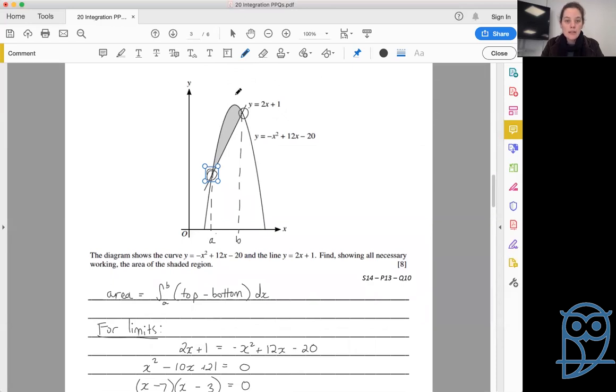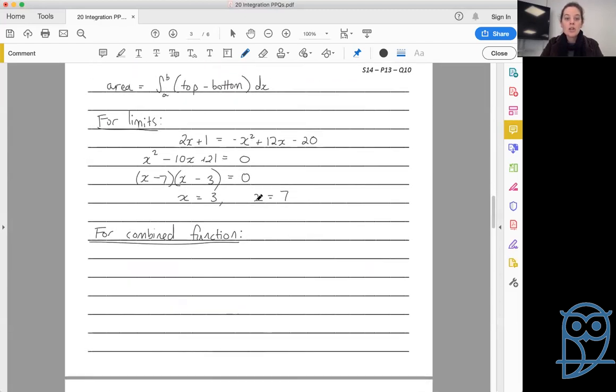In this area here, our curve is on top and our line is underneath. So we would need curve minus line. So minus x squared plus 12x minus 20, minus line in brackets, 2x plus 1.